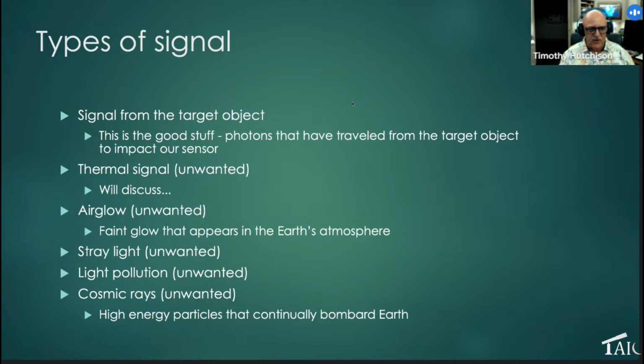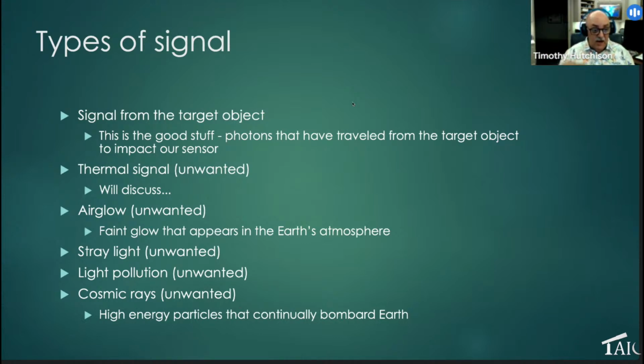But there are other pieces of signal out there. Like, for example, there's thermal signal. Thermal signal is an unwanted signal. It gets in the way of what we're trying to do, but it is signal. We're going to talk about what all of these are in greater detail, but we're just going to mention them right now. So thermal signal is one of the other types of signal that gets intermixed with our signal from the target object.